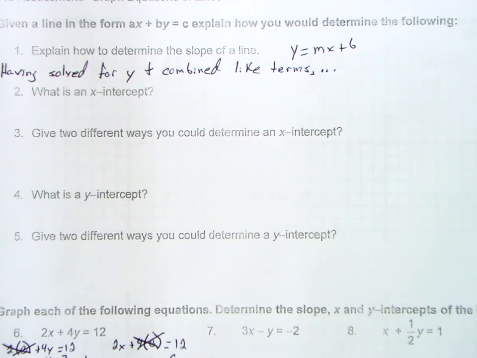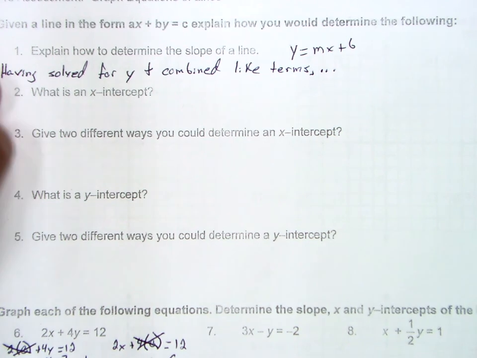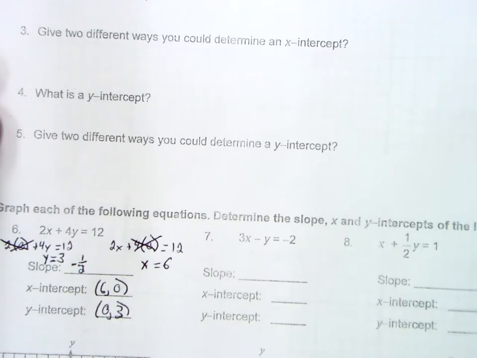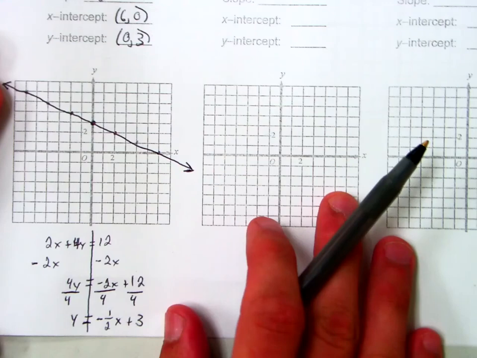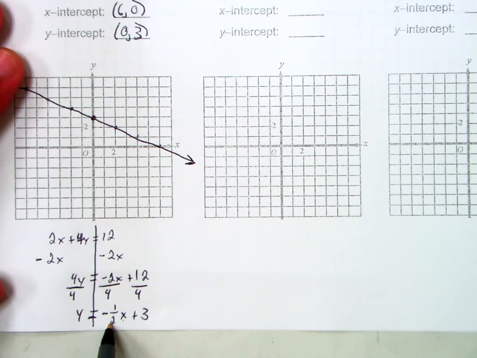But the slope is found by looking at the fractional coefficient of x. What I mean by that is when we solve this all out, here's x, here's my coefficient. It happened to be a fraction. So that's a fractional coefficient of x. I've got a negative 1 over 2.